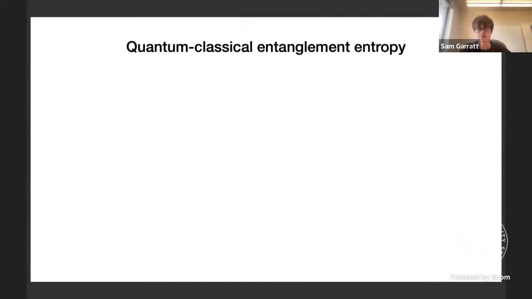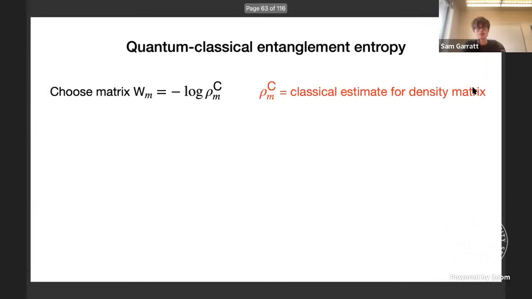Here I'm going to show a useful choice of WMR. We're going to choose this matrix WM to be minus the log of the classical estimate for the density matrix. This might look a bit weird, but you'll see why in a moment. The idea is we have some measurement outcomes, and given those outcomes we have some way of predicting what the density matrix should have been.